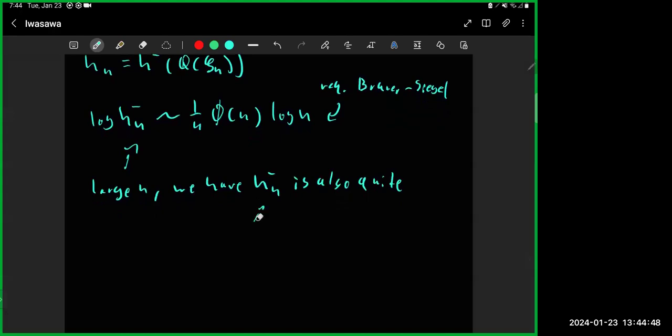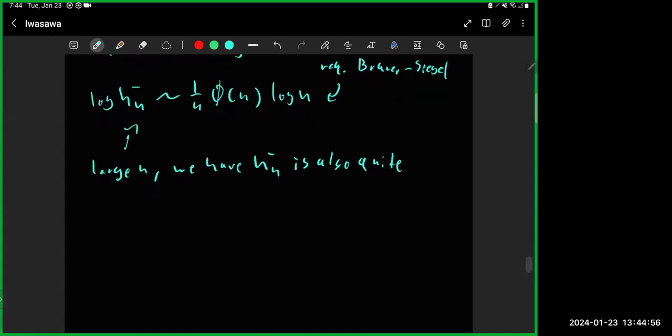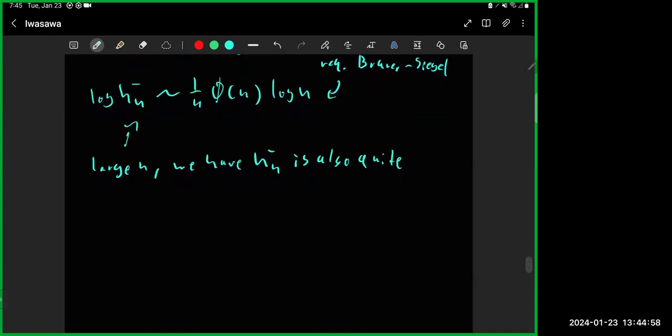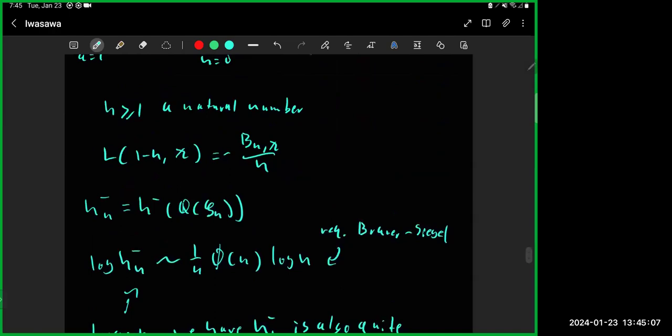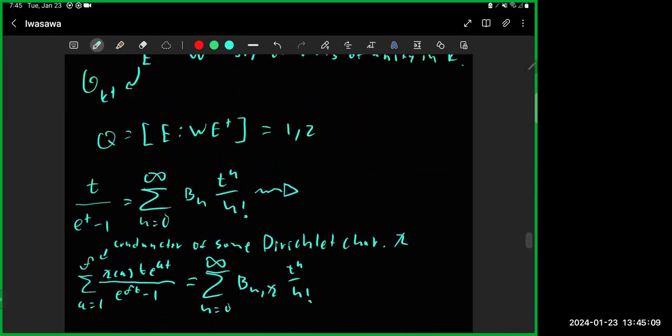So when I say p-divisibility, I mean which prime numbers divide these relative class numbers. And a natural step towards finding that out is defining essentially the p-adic analog of the regular Dirichlet L-functions.